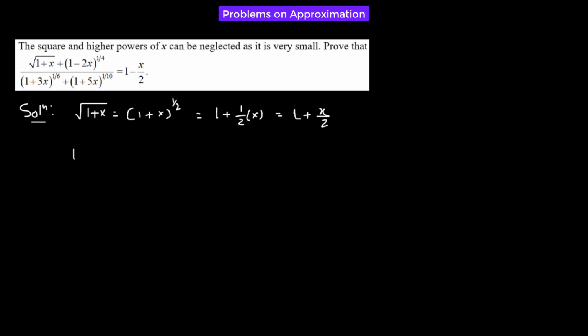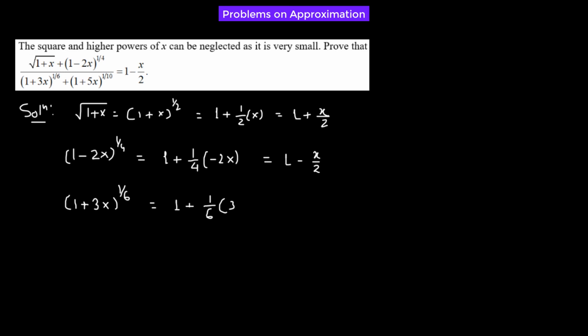Then we move on to the second expression, which is 1 minus 2x raised to the power 1 over 4. So we apply the binomial theorem. So we have 1 plus 1/4 multiplied to negative 2x. So this gives us 1 minus x over 2. Then we move on to the expressions in the denominator. The first expression is 1 plus 3x raised to the power 1/6, which will be equal to 1 plus 1/6 times 3x, which will be simply equal to 1 plus x over 2.